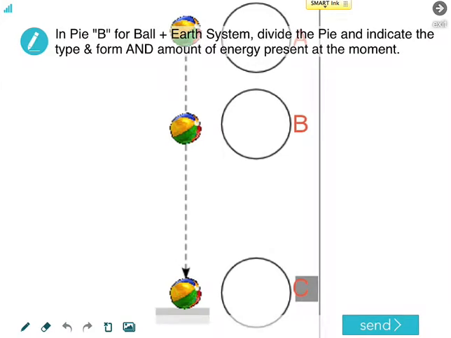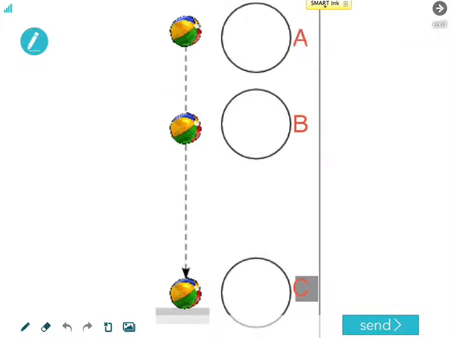Now, pie chart B is a little bit more difficult than pie chart A because now the ball is being dropped. So since it's not as high up, it doesn't have 100% potential gravitational energy, but it is above the halfway mark, so it does have over 50%.